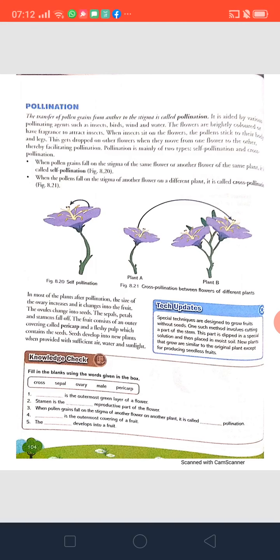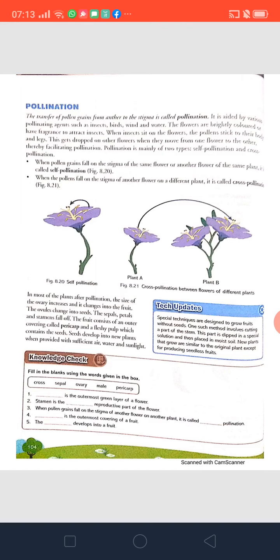So bisexual flowers are also known as complete flowers, whereas unisexual flowers are also known as incomplete flowers. Okay, now pollination. What do you mean by pollination?